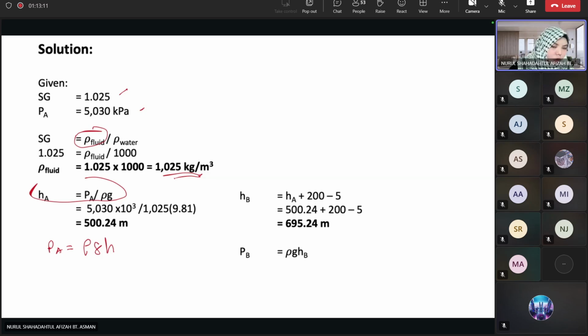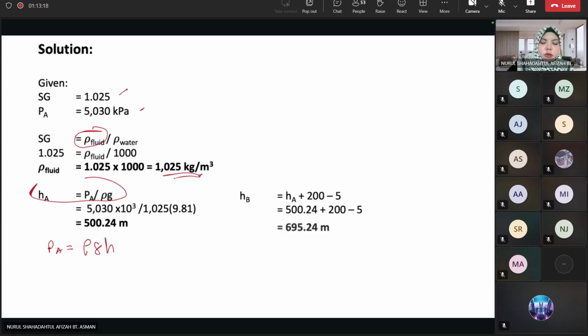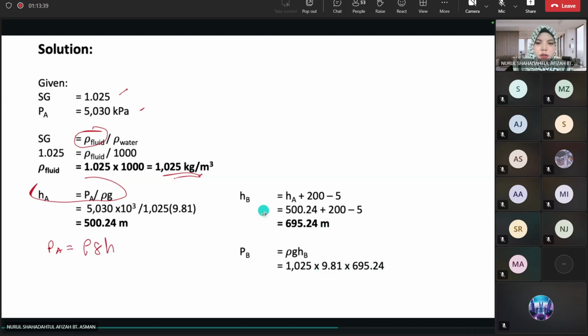Next, we need to calculate the pressure at B, ρgh: density times gravity times height at B. So 1025, this is the density from before, times gravity times the height at B, 695.